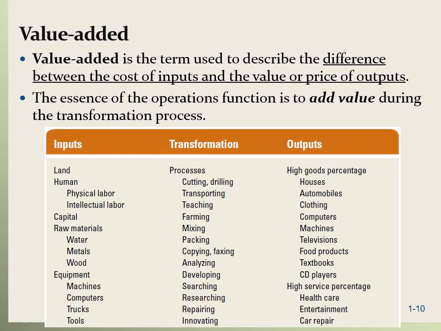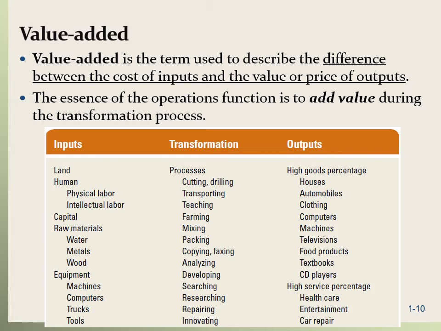It can be land, it can be human labor, such as physical labor, intellectual labor, a professor, a physician, etc. It can be capital, it can be raw materials, such as water, metals, woods, plastics, etc. Or it could be equipment, such as machineries, computers, trucks, tools, etc. The transformation processes are things like cutting, drilling, transporting, teaching, farming, mixing, packing, copying, analyzing, developing, searching, researching, etc.